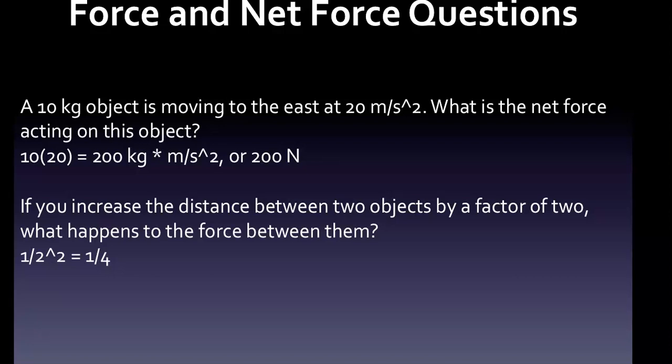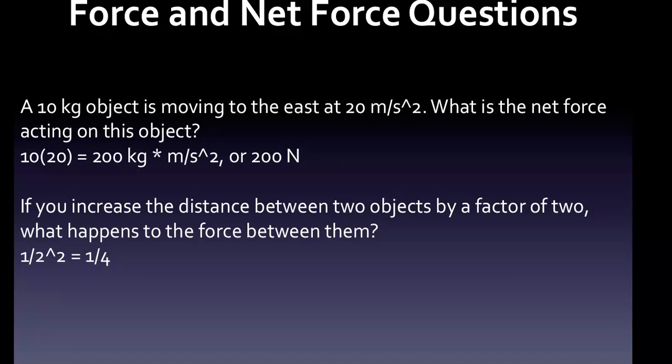The next question: if you increase the distance between two objects by a factor of 2, what happens to the force between them? This is that inverse square law, which was one of our questions, and we'll look at the questions again here at the end. Gravity follows an inverse square law.